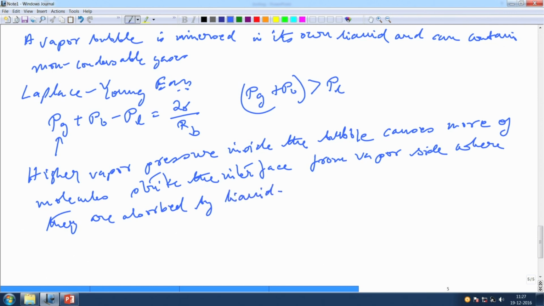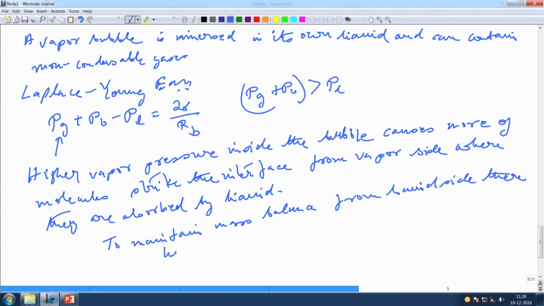Okay. So, now to maintain a mass balance, because mass has to be maintained in equilibrium, there must be a corresponding increase in the number of molecules emitted through the interface from the liquid side. From the liquid side, there has to be an increase in the number of molecules.